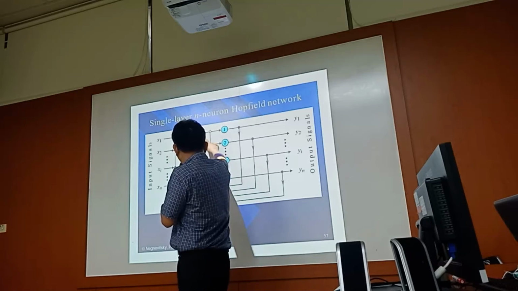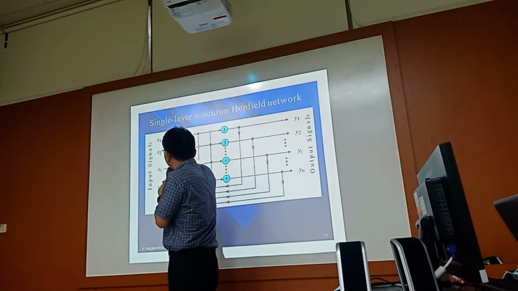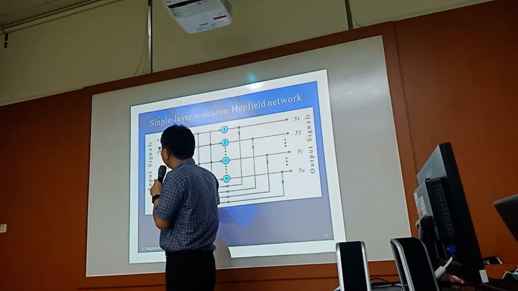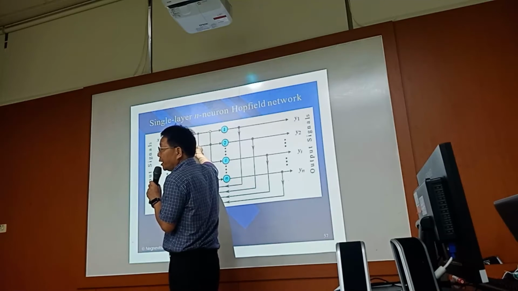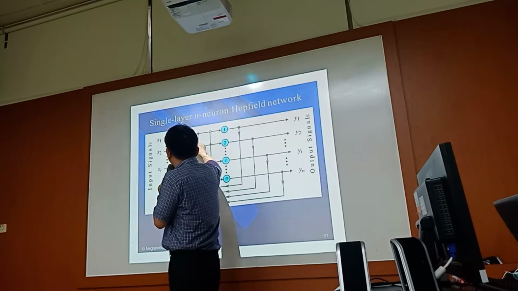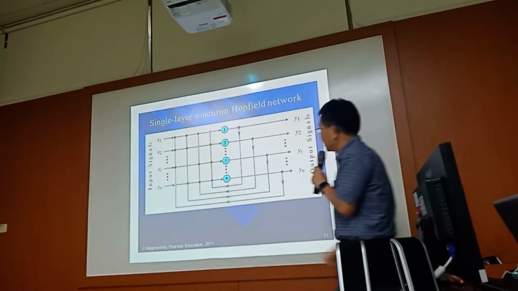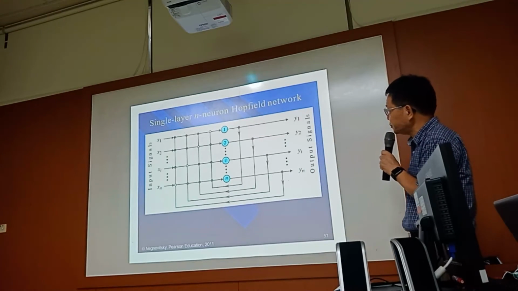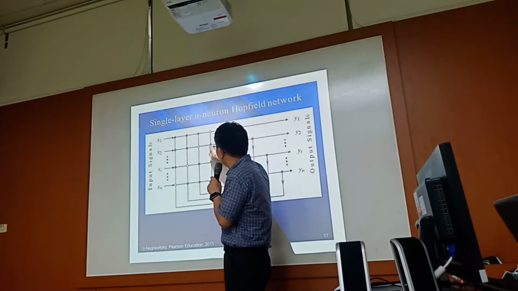Here, this node has a connection, like the DAM neural network. But here there is no connection, and its output is fed back.